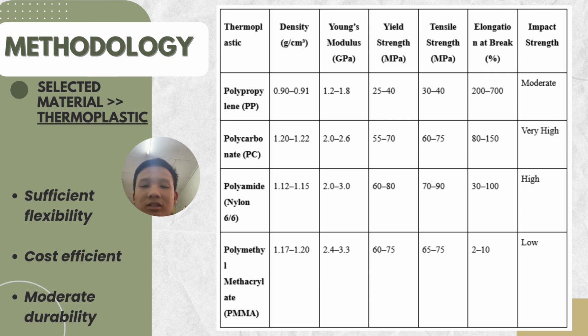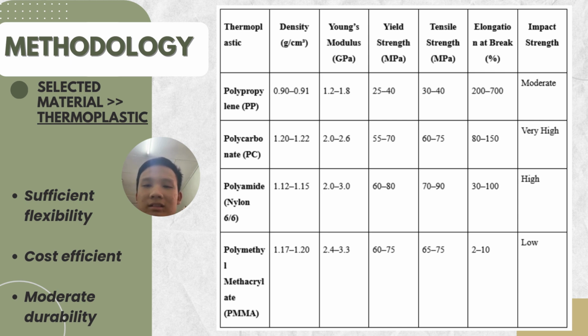Secondly, it's cost efficient. It's not like carbon fiber, which is very expensive, but it also has moderate durability, at which it can sustain a high number of gait cycles. You can see the properties of each thermoplastic, which is PP, PC, nylon 6/6, and also PMMA.